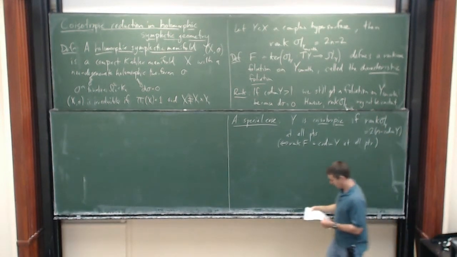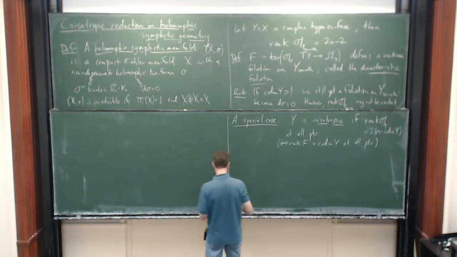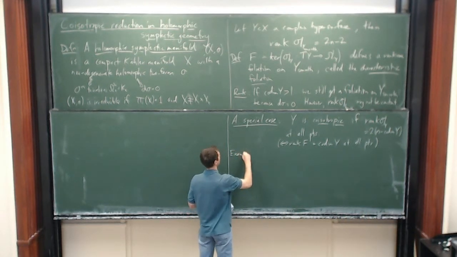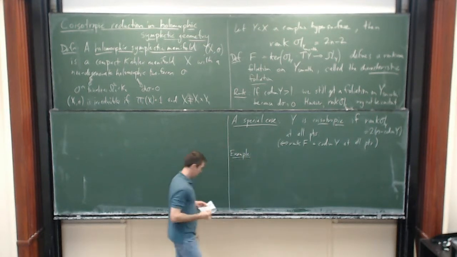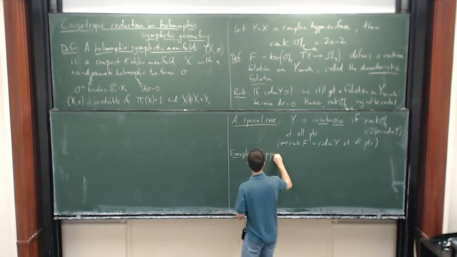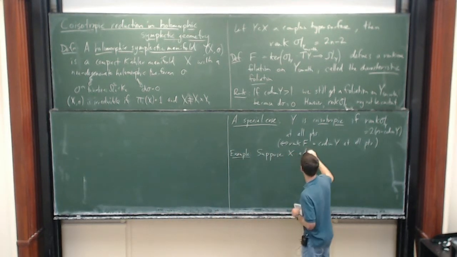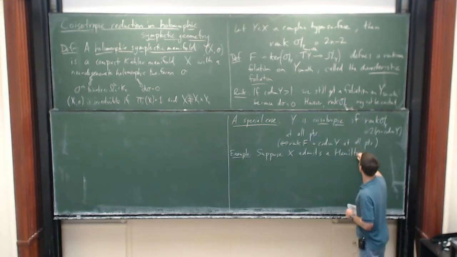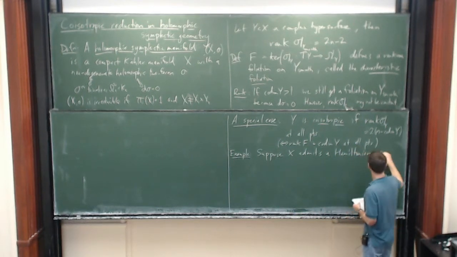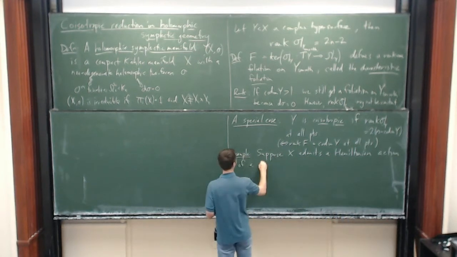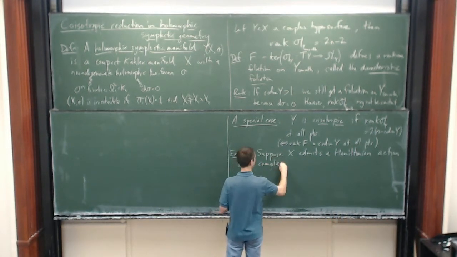Okay, so an example of this would be if there's a group action. So suppose X admits a Hamiltonian group action of a complex reductive group.